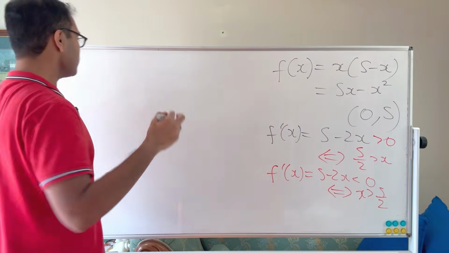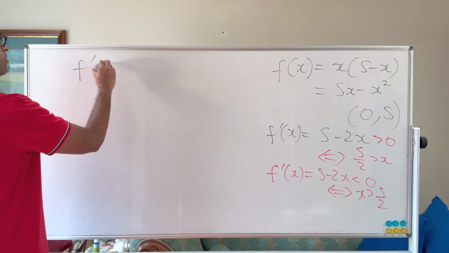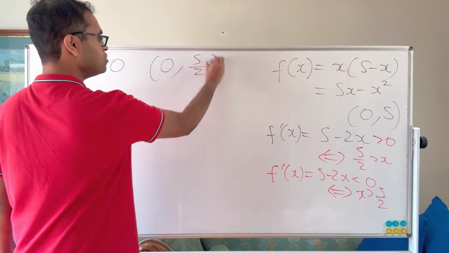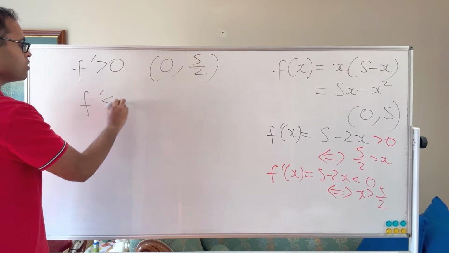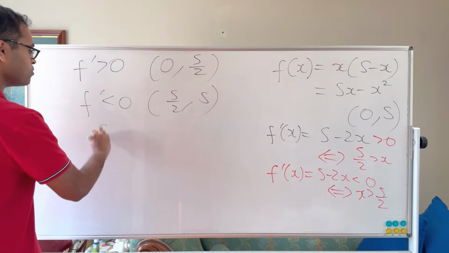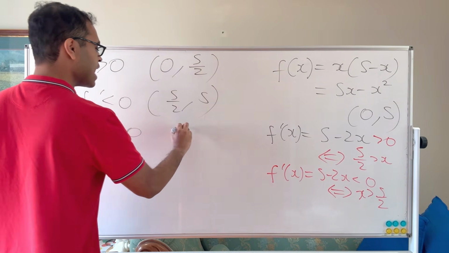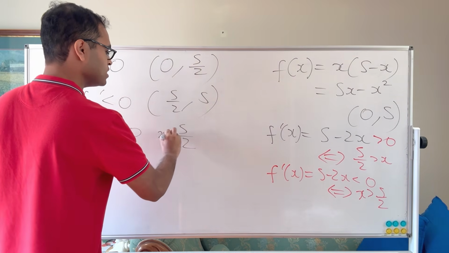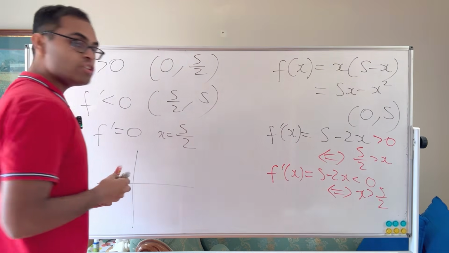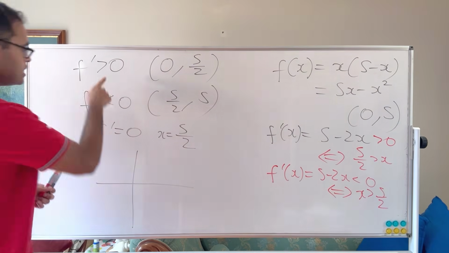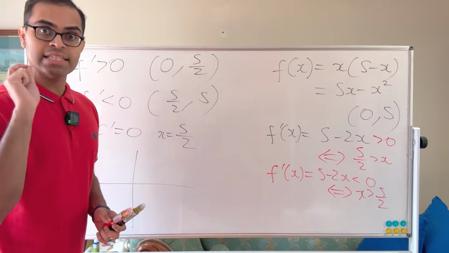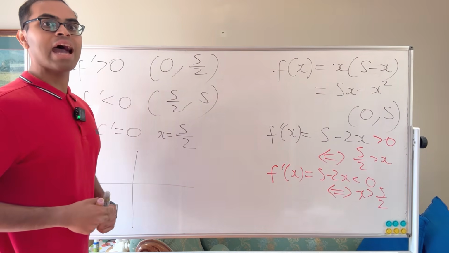So in the sign chart, f prime is greater than 0 on the interval (0, s over 2), and f prime is less than 0 on the interval (s over 2, s), and the critical point, where f prime is equal to 0, is just at x equals s over 2. That's very evident from the graph, and that's how you do it in calculus: there's a sign change, the function's increasing until s over 2 and decreasing after, it has a single critical point, therefore that has to be a max.